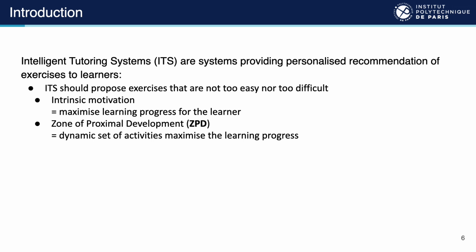This idea resonates with the theories of intrinsic motivation that come from developmental psychology and developed into computational models that try to maximize the learning progress for the learner. It also resonates with the idea of zone of proximal development, ZPD, that defines a dynamic set of activities that maximize the learning progress.